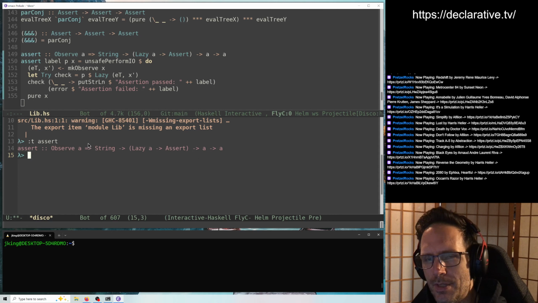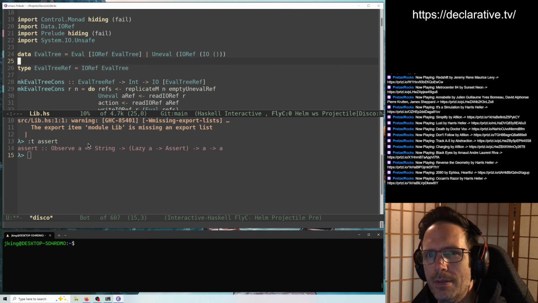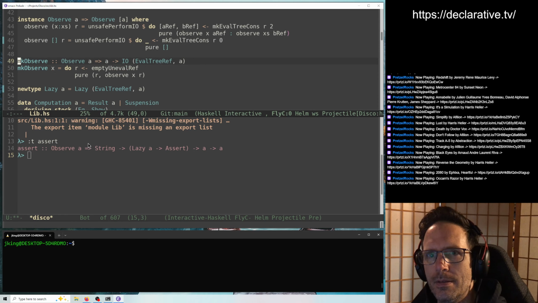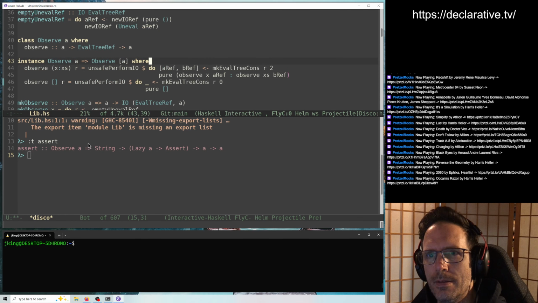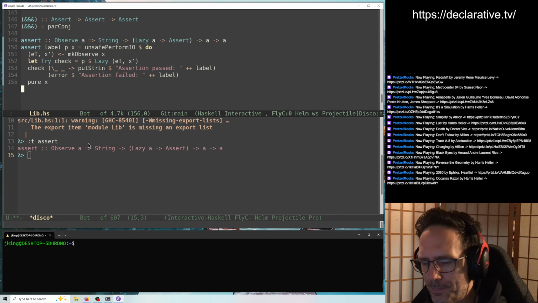I think that means we're gonna have to implement a bunch of assert instances for constant common types. Interesting. Okay, well, we'll have to look into that.